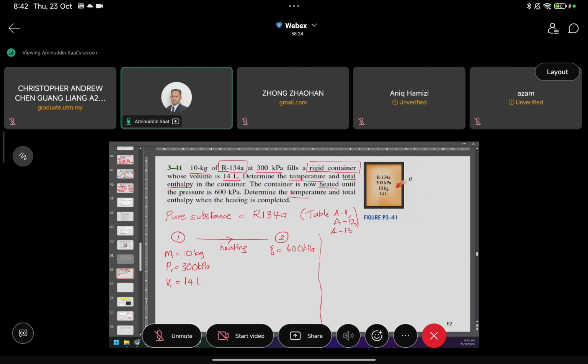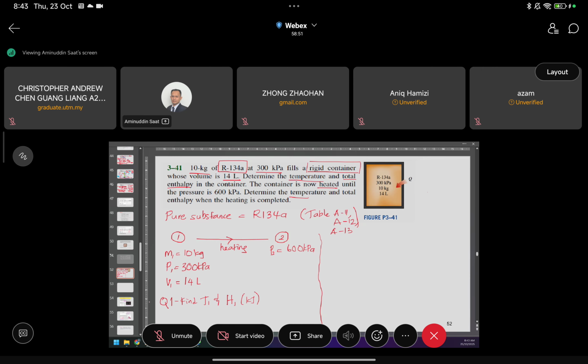The question Q1: find the temperature and the total enthalpy at the initial state. Find the T1 and the total enthalpy. Total enthalpy is a capital H, in unit kilojoule.